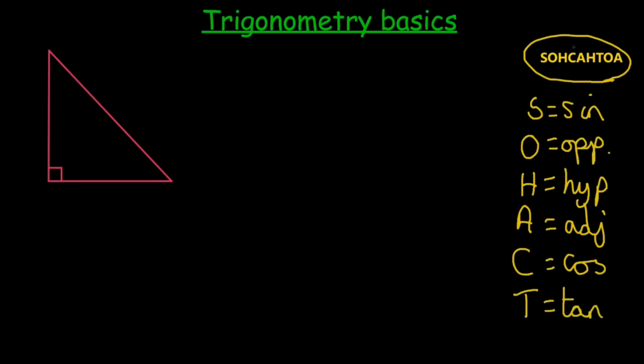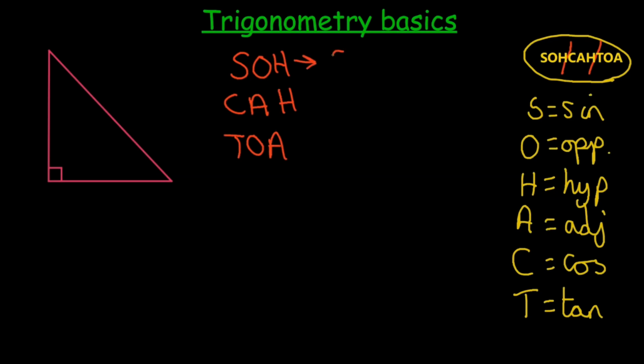Now, we need to break this mnemonic into three parts. SOHCAHTOA. So we have SOH, CAH, and TOA.